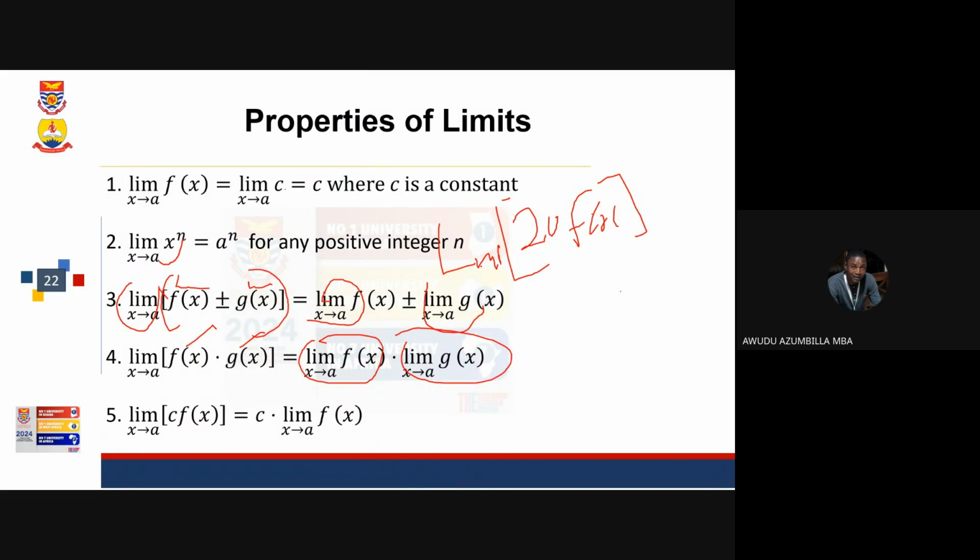So it becomes unnecessary to apply the limit to a constant. So better separate the constant and apply the limit to the function. Just separate it. And that is what the fifth rule is saying.